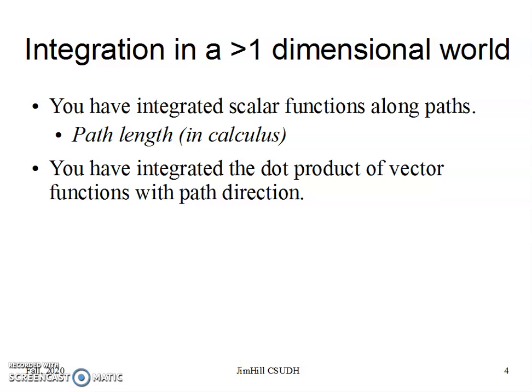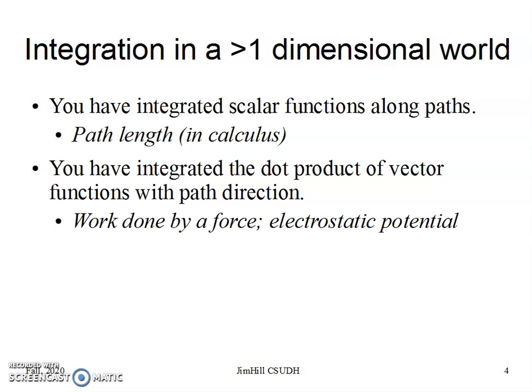In fact, you did this in physics very early on when you talked about work done by a force in the 1st semester of physics, before you may have even run into integration in calculus. But then again in our 2nd semester, when you talk about electrostatic potential, that's a defining relationship to have the integral of the dot product of a vector function with the path direction.